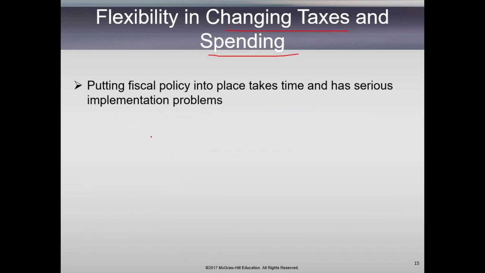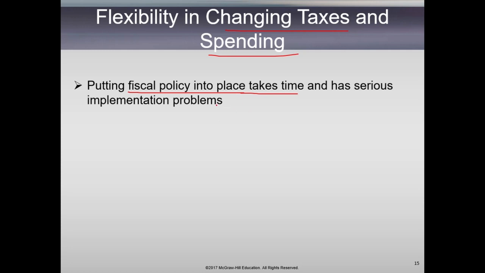Okay, finally, flexibility in changing taxes and spending. A lot of this relates to the material we covered in the previous chapter. Putting fiscal policy into place takes time, particularly if you're going to change anything categorized as mandatory spending. Spending on Social Security, all the non-discretionary spending we talked about, Medicaid, Medicare, all that stuff would take even more time to negotiate than what we see in the normal budgeting process.